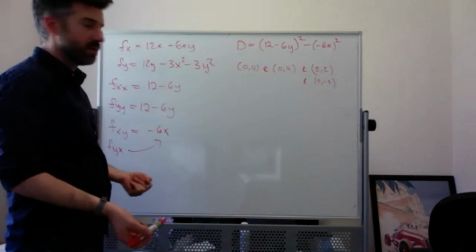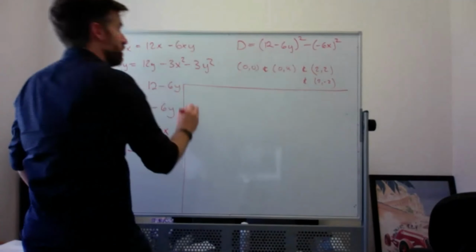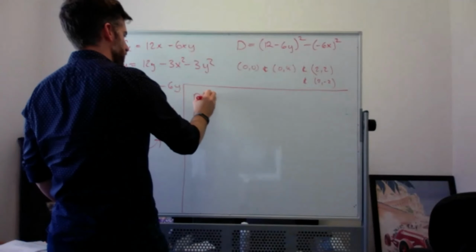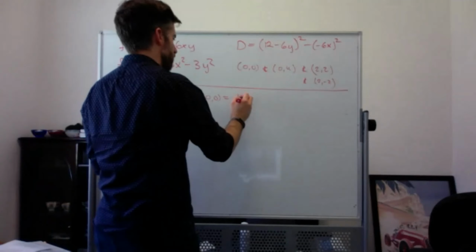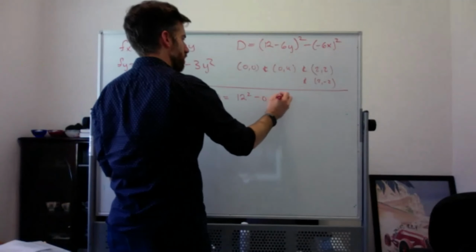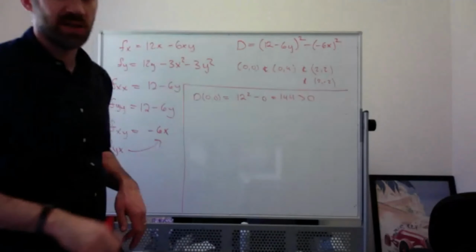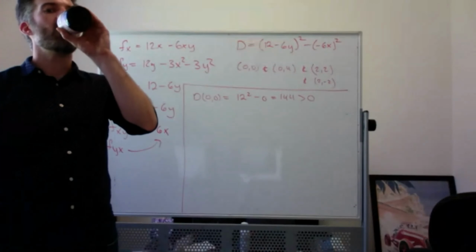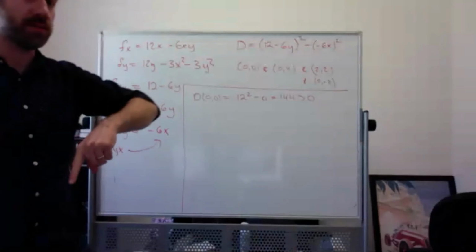All right, so let's do it. So D evaluated at (0, 0) is going to be 12 squared minus 0, which is positive, which means we have what? Max or min? Exactly, max or a min.